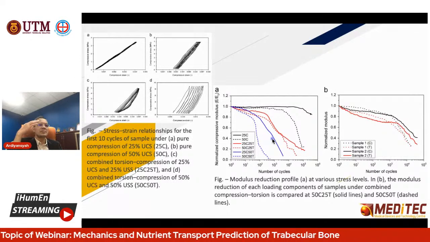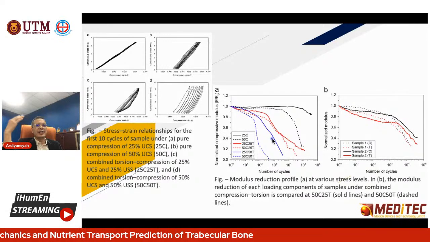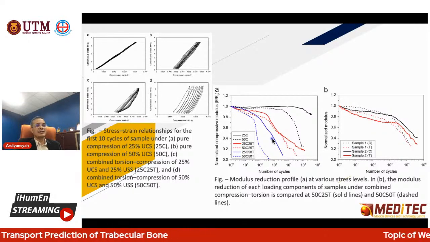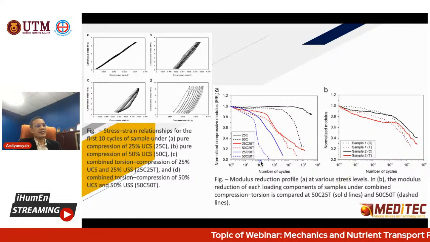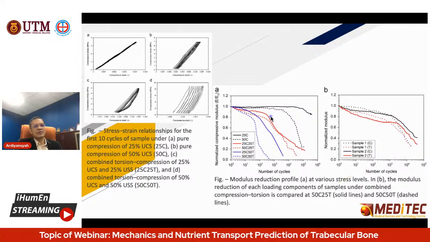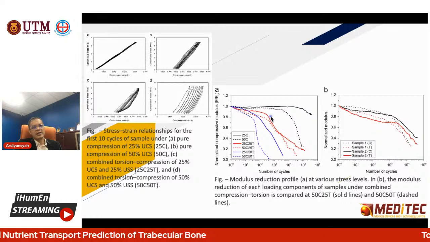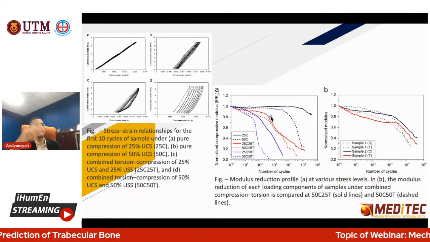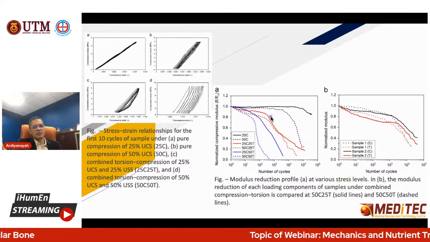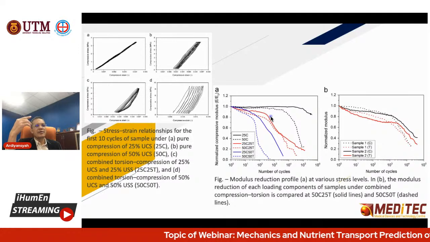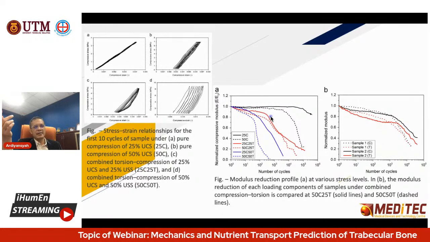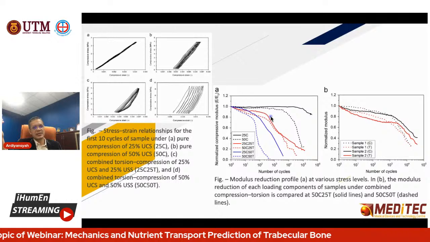There is a change in the properties. The number of cycles is really fast at point B. With 25 compression and 50 compression, 25 torsion, the cycles to failure are quite high compared with the first, which is 50% torsion. If we compare the 25% compression with the 50% compression, there is a difference.